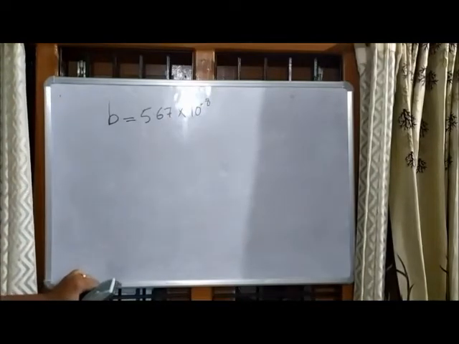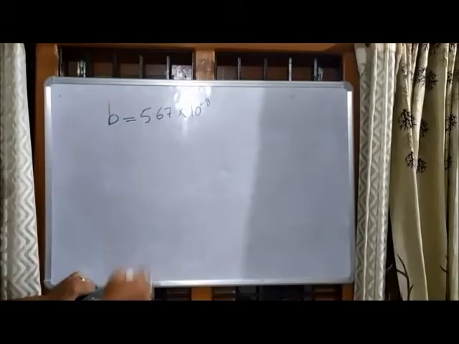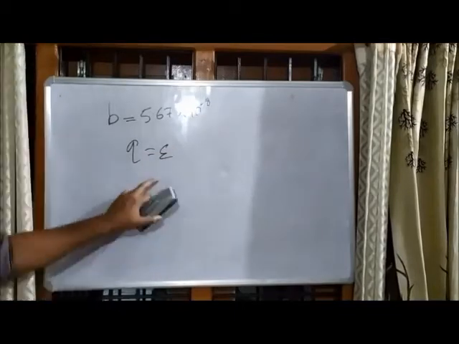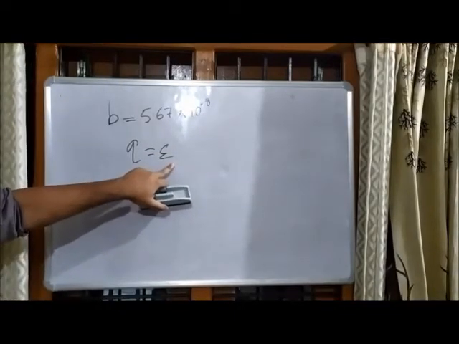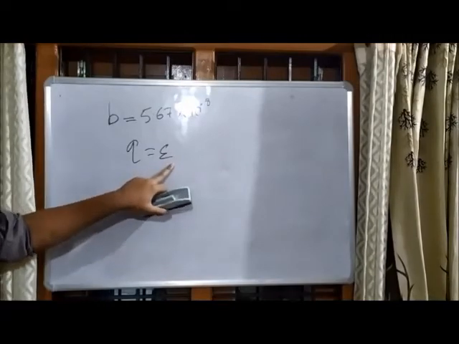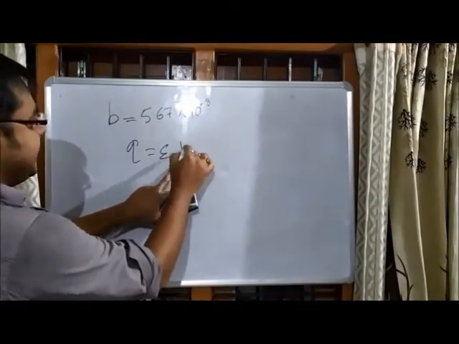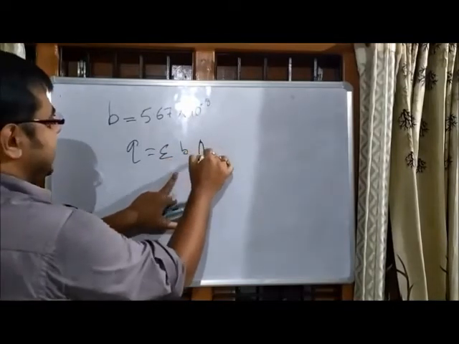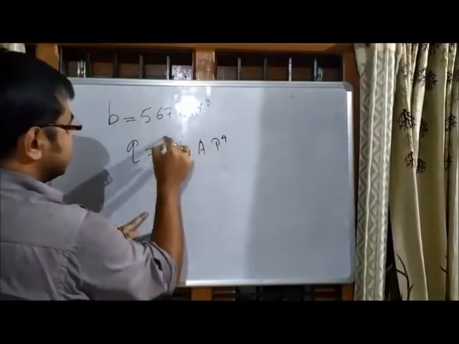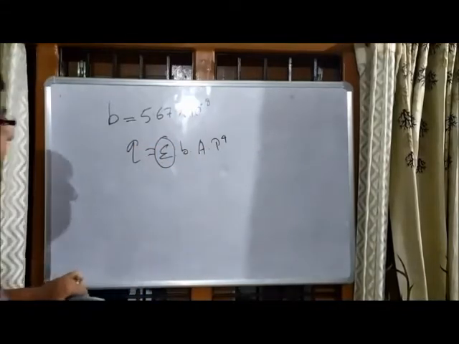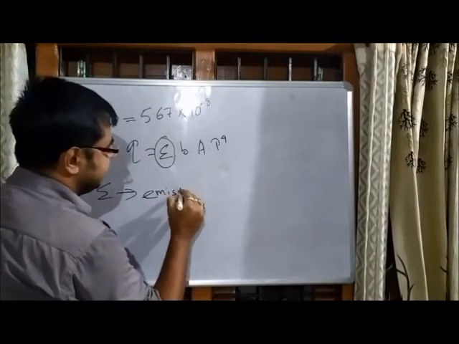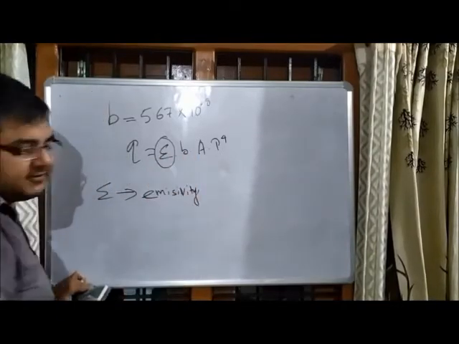Done. So as per this, the equation gets modified to Q equals epsilon dot B dot A dot T to the power 4. Now, what is this epsilon? Epsilon is simply the emissivity. What do we mean by emissivity?